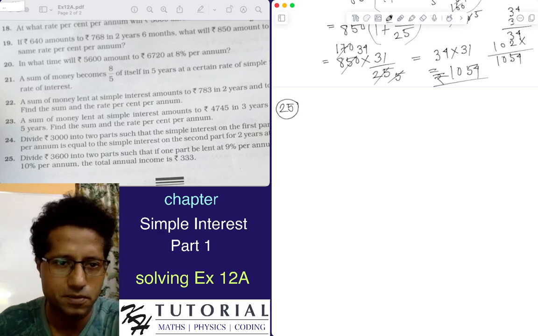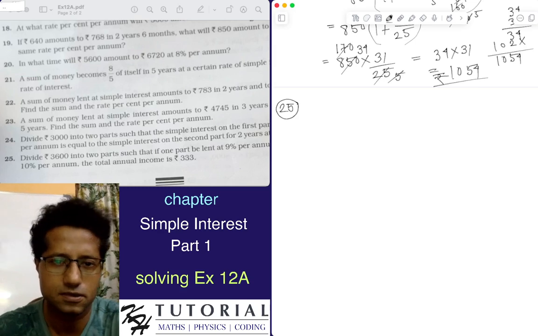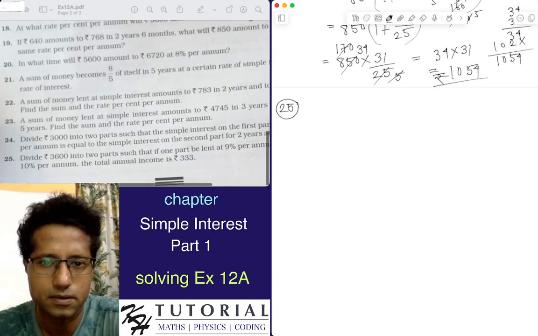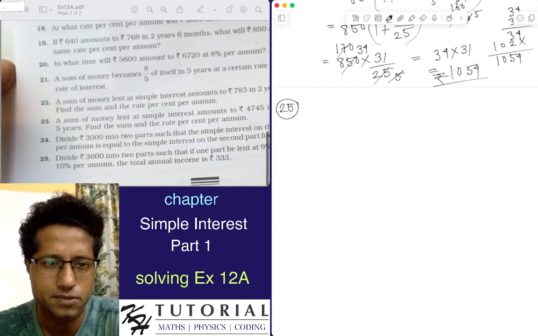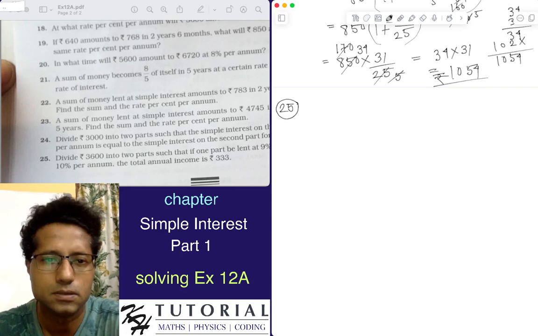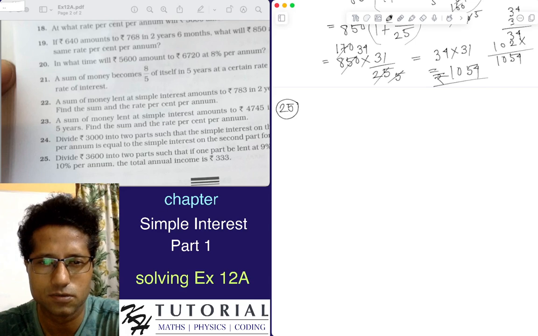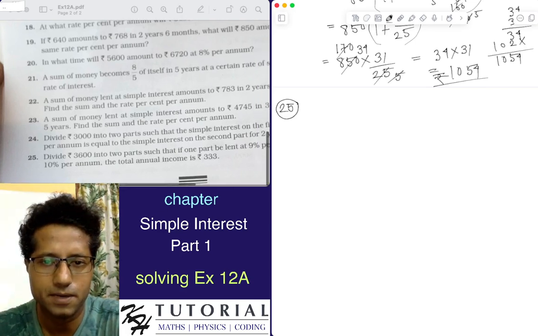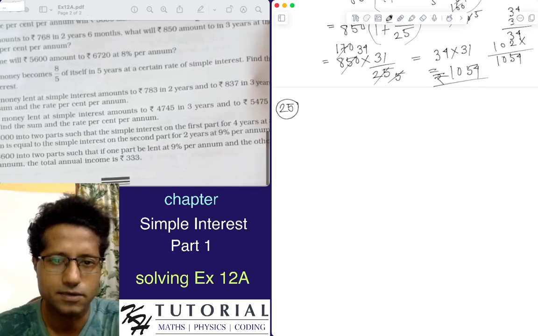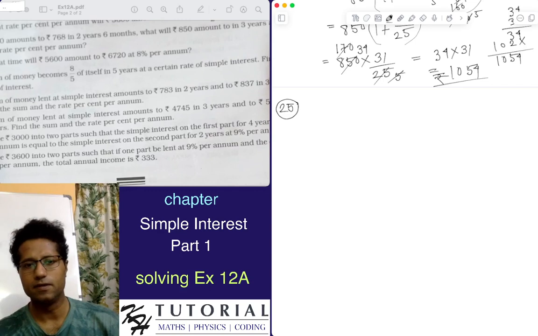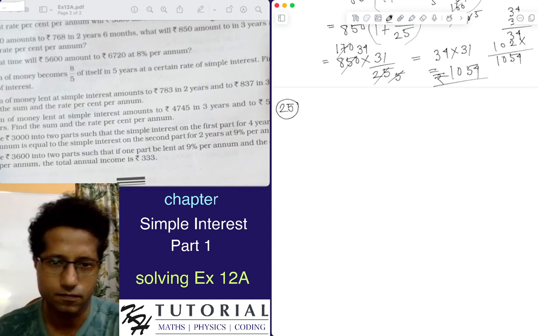It says divide rupees 3600 into two parts such that if one part be lent at 9% per annum and the other at 10% per annum, the total annual income is 333. Annual income. Okay. If someone is lending money, definitely he will earn the interest.